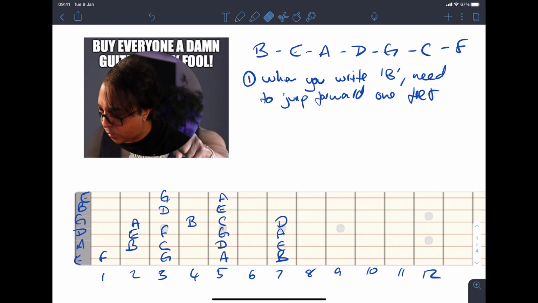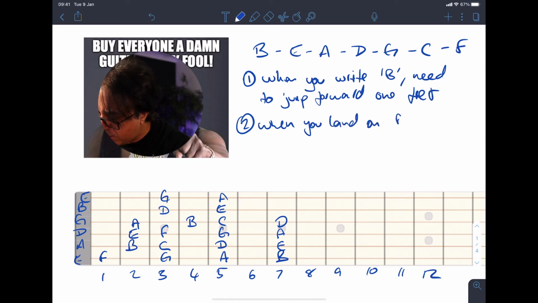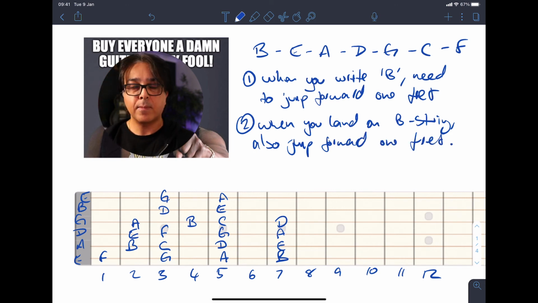Excuse my terrible writing. And number two, when you land on the B string, also jump forward one fret. That's it.